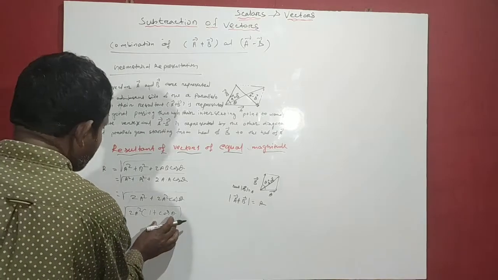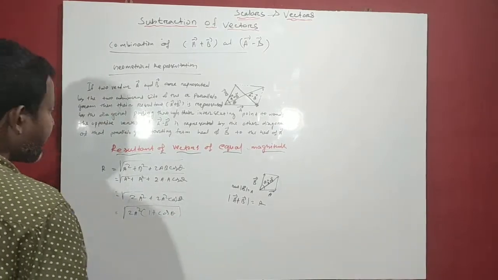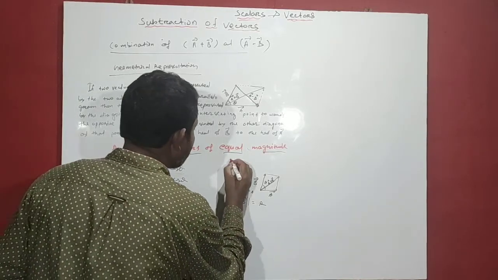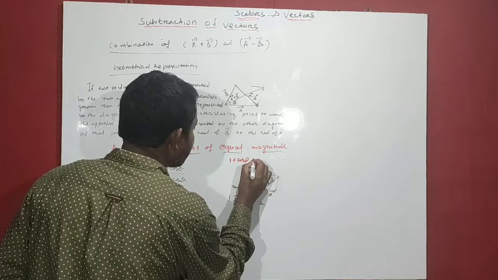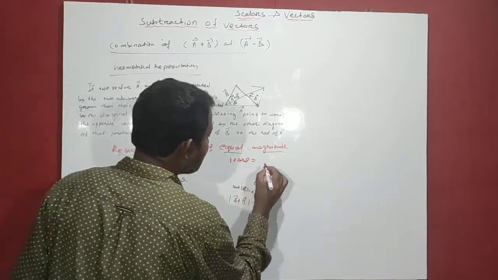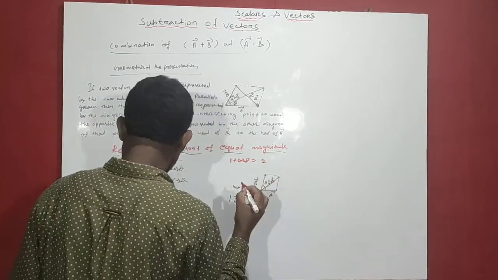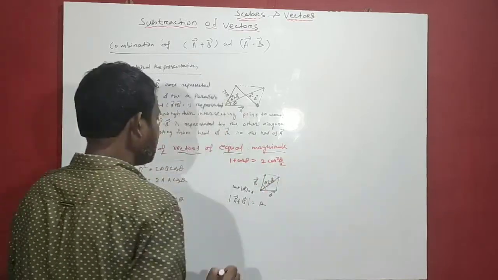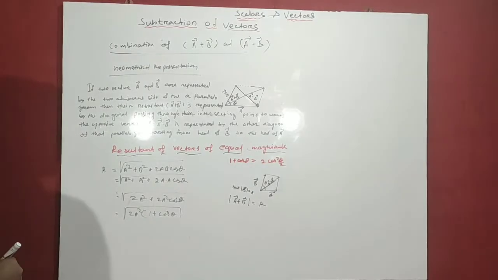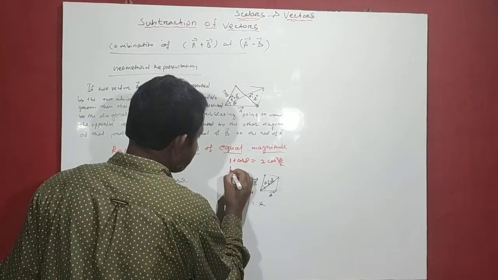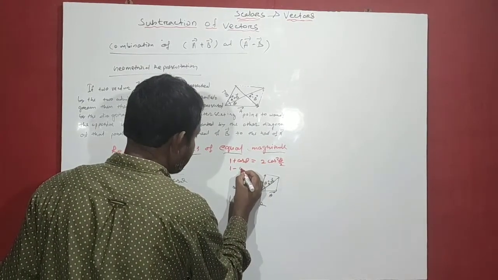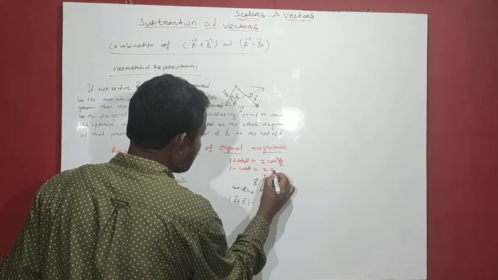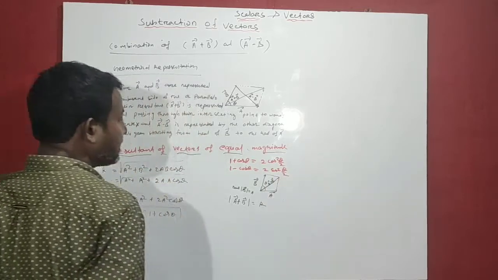But for 1 plus cos theta there is a trigonometric formula: 1 plus cos theta is equal to 2 cos square theta by 2, and 1 minus cos theta is equal to 2 sin square theta by 2.